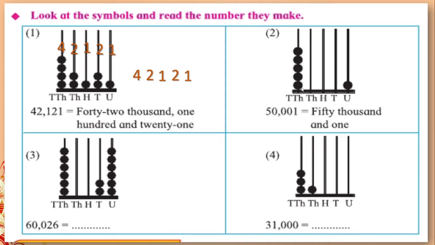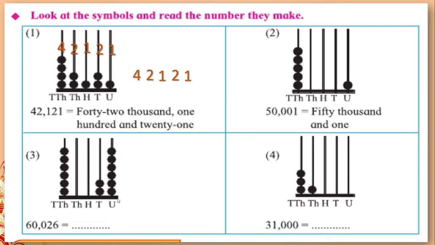So we omit these 3 places while writing in words. Directly we can write 50,001. We have not mentioned the hundreds and tens place, correct? Here 50, 0, 0, then 1. So 50,001.